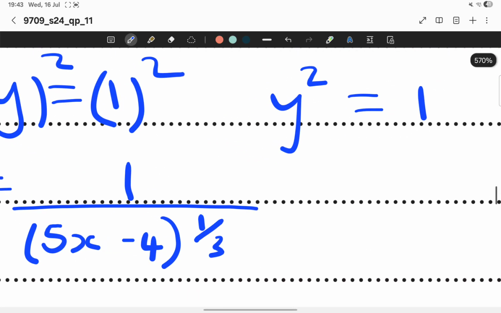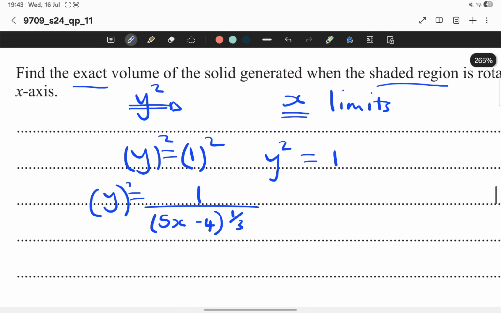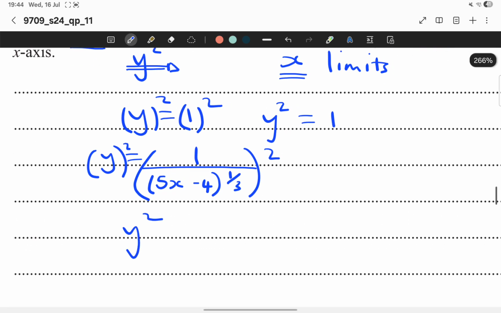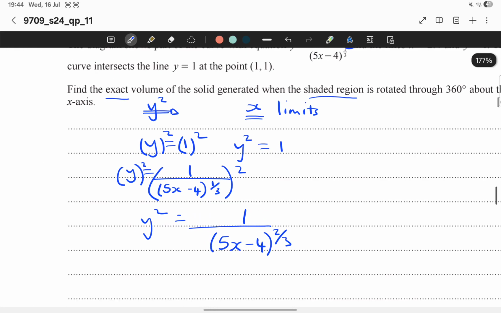If we square both sides, we have 1 squared, which is 1, so y squared is 1 over (5x minus 4), to the power a third times 2, which is 2 over 3. So these are the y squared values we're going to be using.